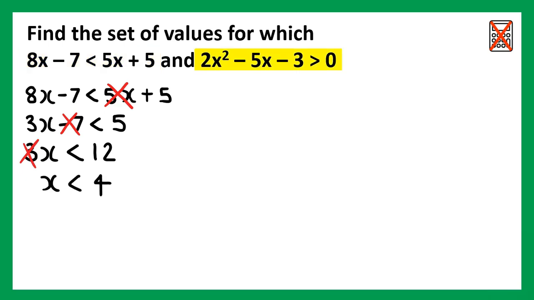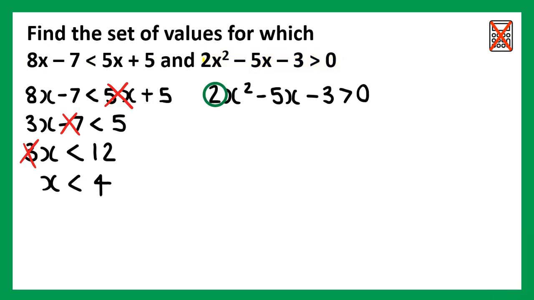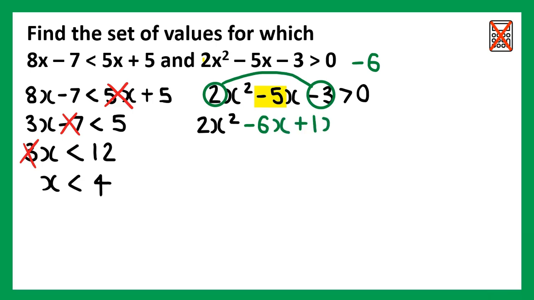Moving on to the quadratic inequality, and using the AC method, since my coefficient of x squared is greater than 1, a multiplied by c gives me -6. Factors that multiply to give me -6 but add to give me the -5 in the middle will be -6 and +1.